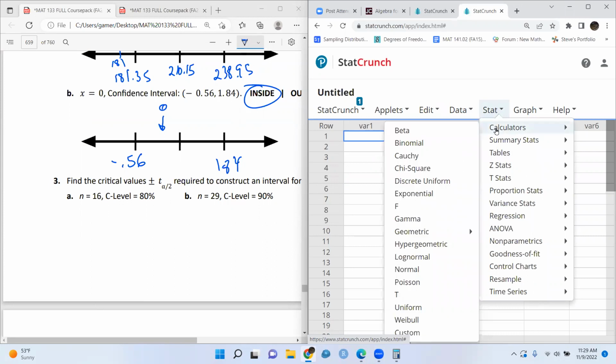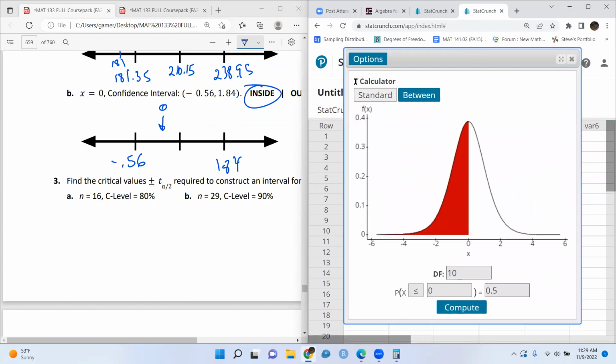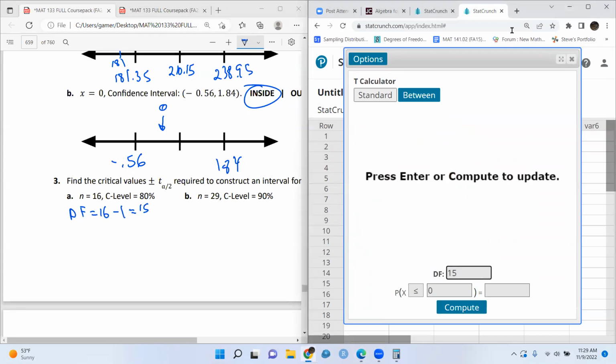So it's Stat, Calculators, T. And you get this nice little T calculator. The DF is degrees of freedom, and you have to do n minus 1 for the DF. That's it. So it would be 15 for the first one.